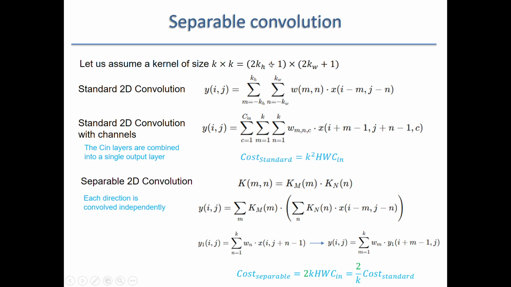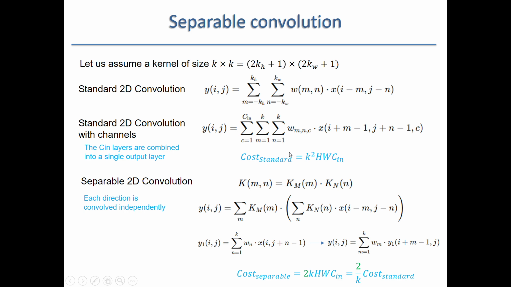So we are doing in the order of k squared operations, and then you have to do that for all h times w pixels. So the cost of the standard convolution is of this order.